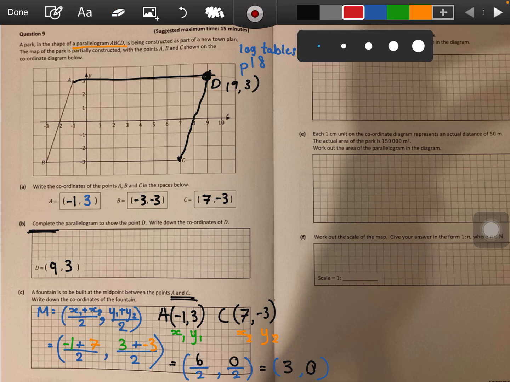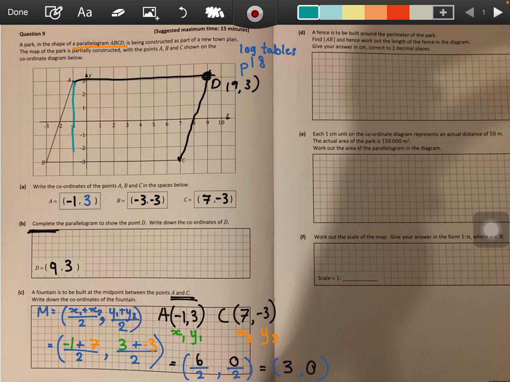Okay, one way I could have done it is if I drop down from A, I have a right angled triangle here, so I can use the theorem of Pythagoras to find out what that length would be if I treat this as a length 6 and this as a length 2. So that's one way I could do it.